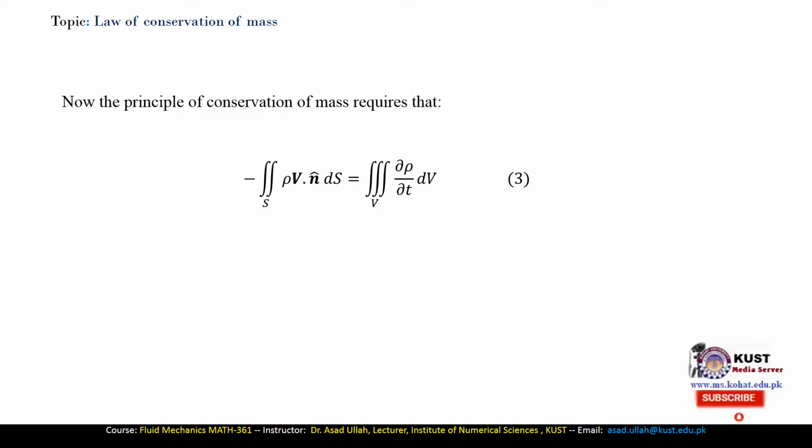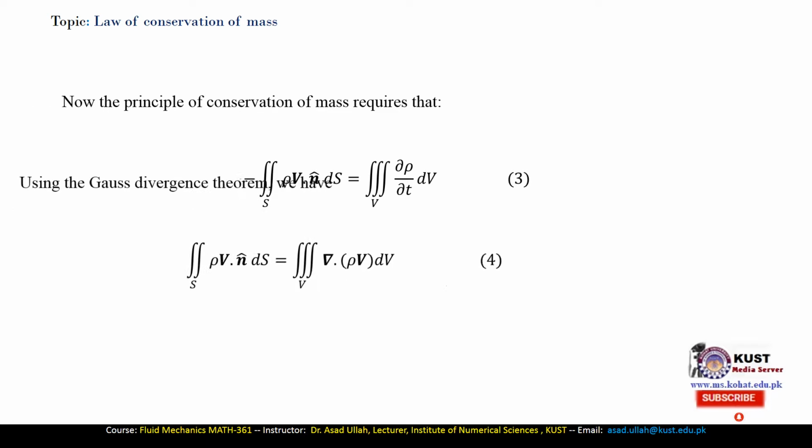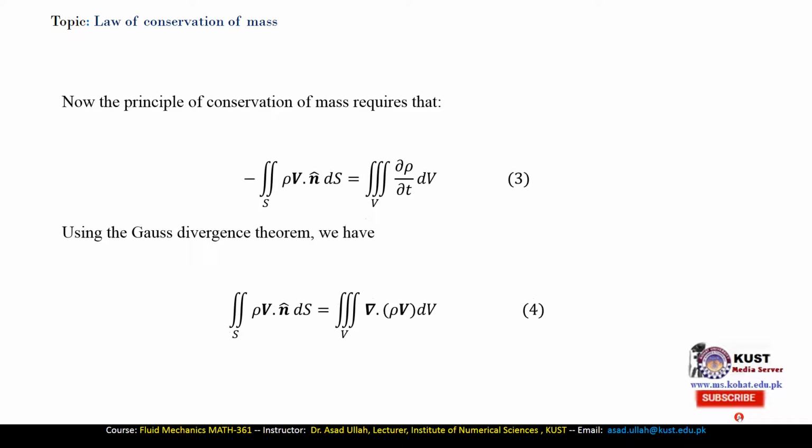Now, the principle of conservation of mass requires equation number 3. What does equation number 3 show? Equation number 3 shows that the inward mass flux must be equal to the time rate of change of mass inside the closed surface. So, to transform the surface integral to the volume integral, we use the Gauss divergence theorem.